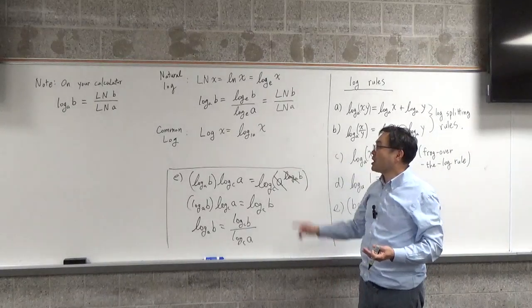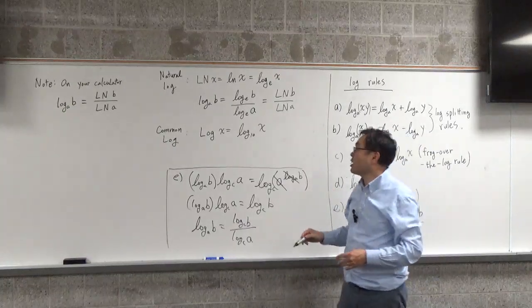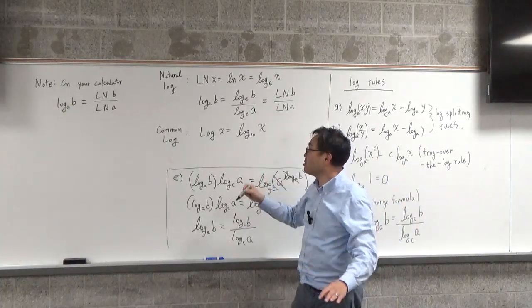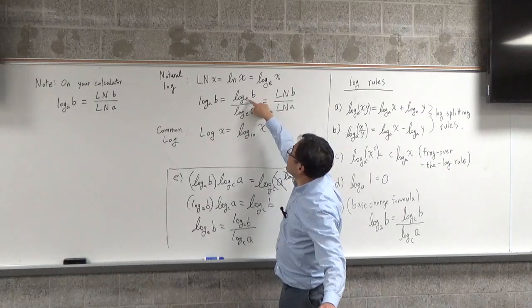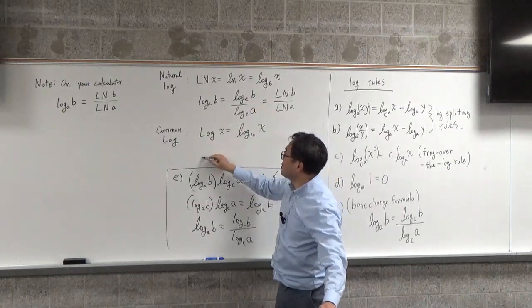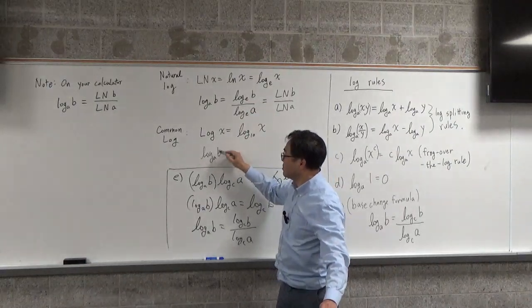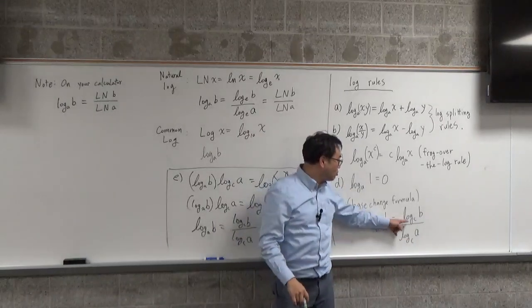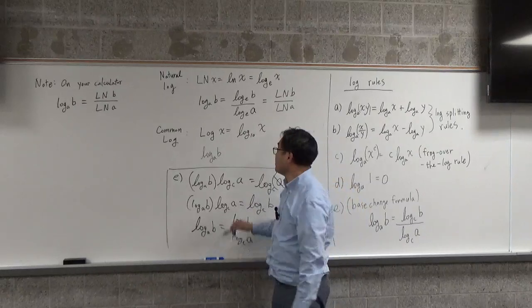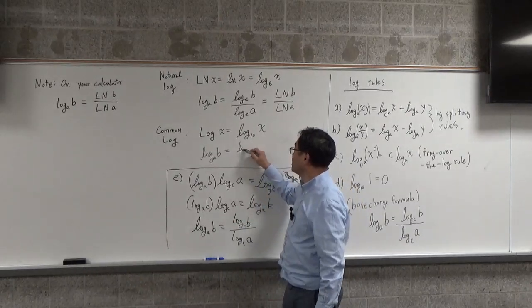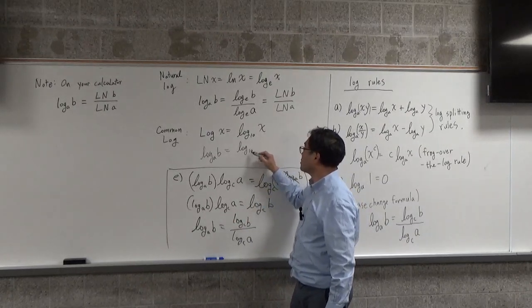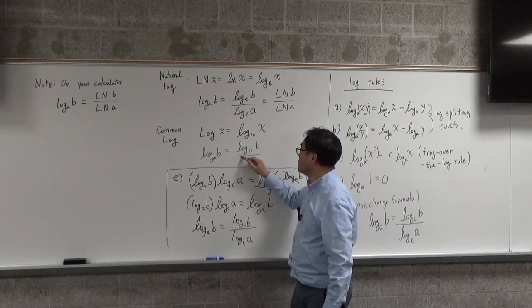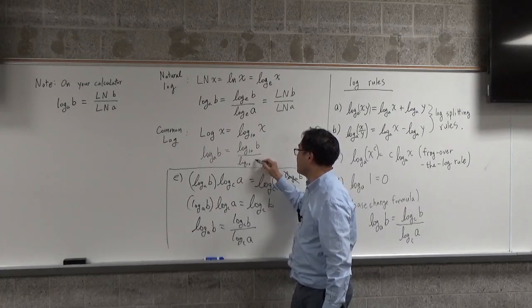Okay? So that log also is in your calculator. So if instead of taking base e, you take this base change formula and use base 10, then you can write log base 10 of b over log base 10 of a.